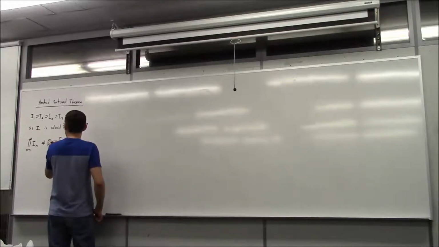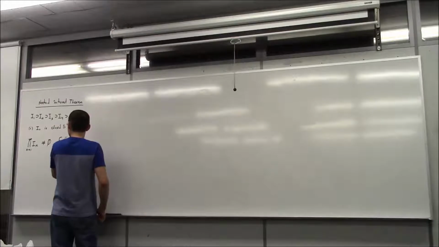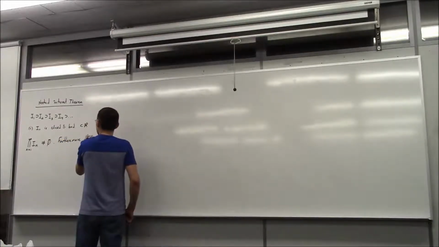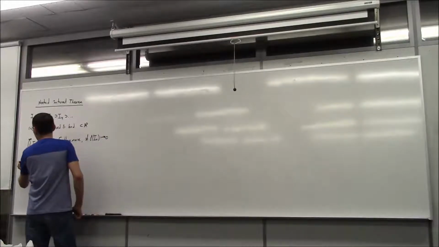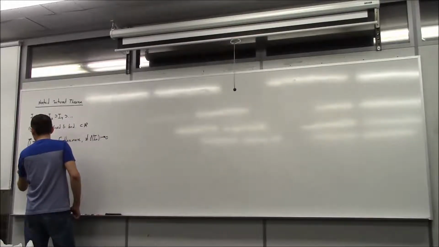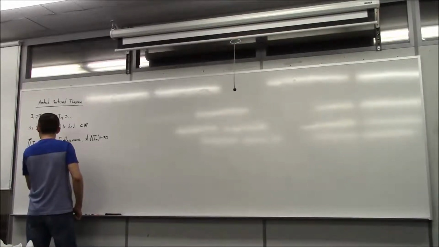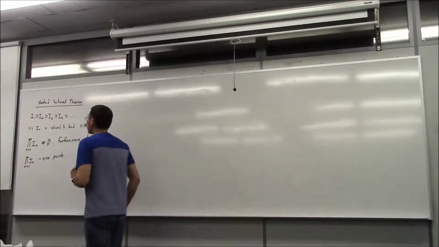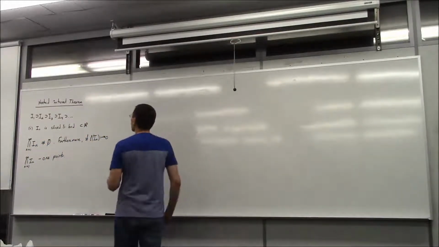Furthermore, if the length of I_n goes to 0, the intersection is 1 point. So let's try to prove it.